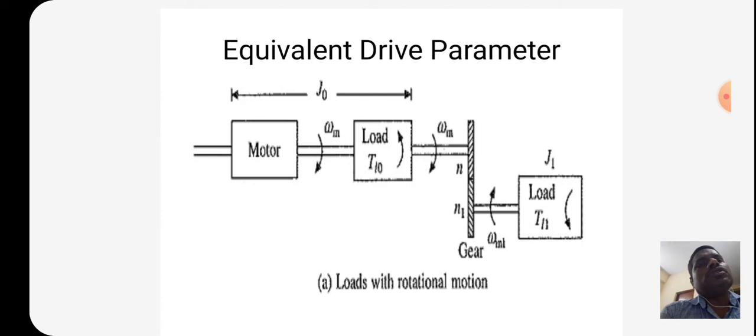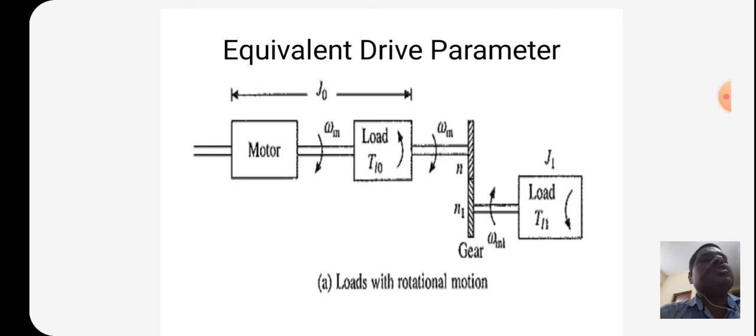Now we have to find the gear ratio. First, the gear ratio A1 is equal to N upon N1, where N is the teeth of the directly connected shaft with the load, and N1 is the teeth of the gear which is connected to load 1.